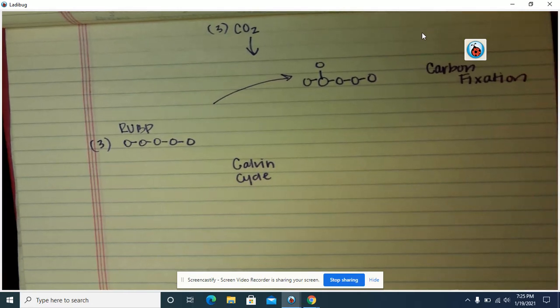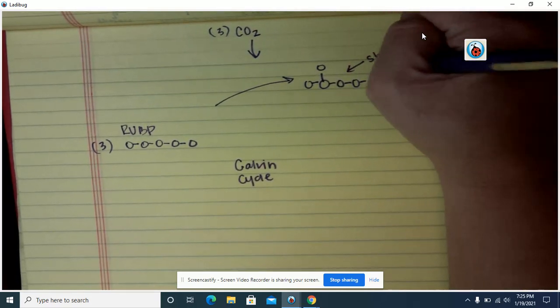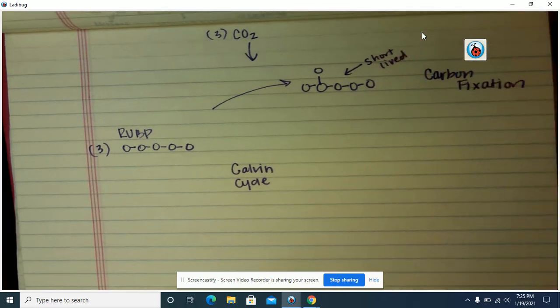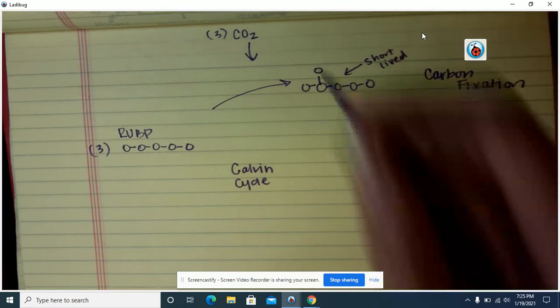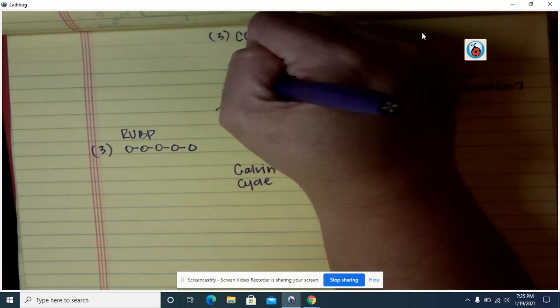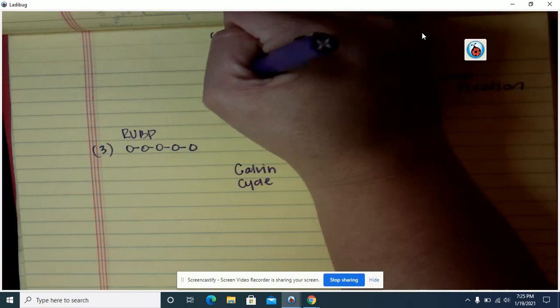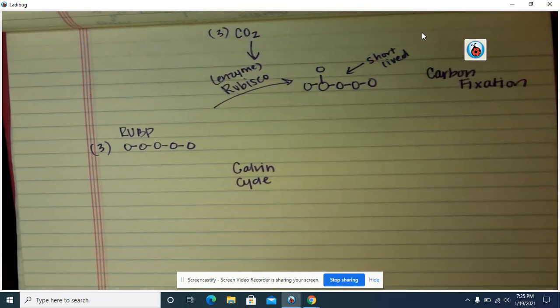This would be phase 1. And this molecule right here is very short-lived. It just won't stay. The enzyme that makes this combination is called Rubisco. And that's the enzyme that combines the carbon with the RUBP.